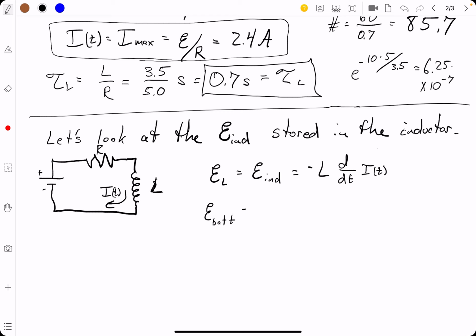All I'm doing is the loop rule here. I've got my R times I. I'm keeping it simple. I'm going to subtract off my L d dt of I of t, and that equals 0. This was my E of L. So if I do the absolute value, that's the absolute value of E of L.